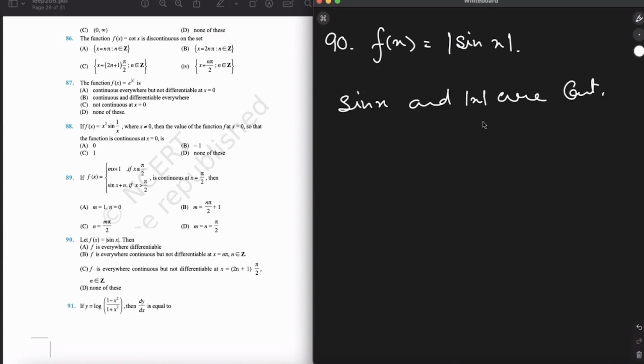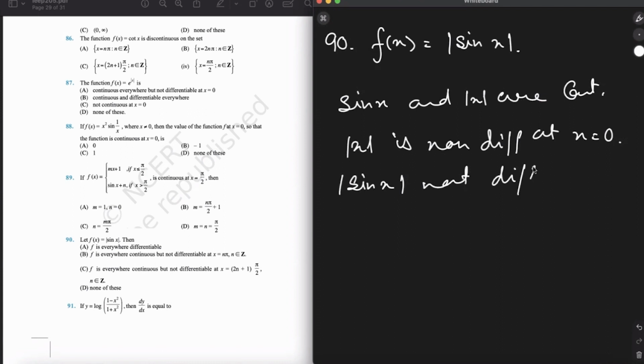This is clear, right? Here we have to talk about the differentiation. But mod x is non-differentiable at x equals 0. That makes mod of sin x not differentiable when sin x equals 0. That means again x equals 0.